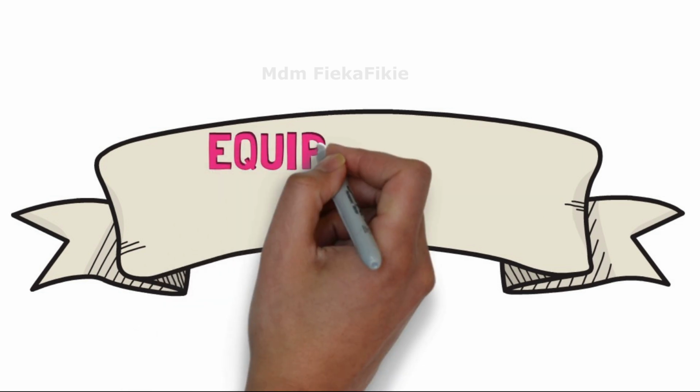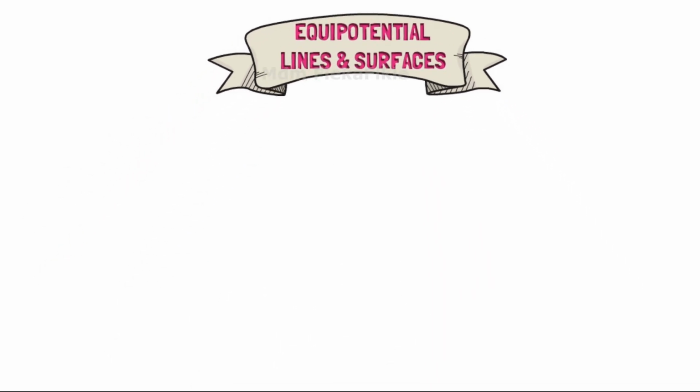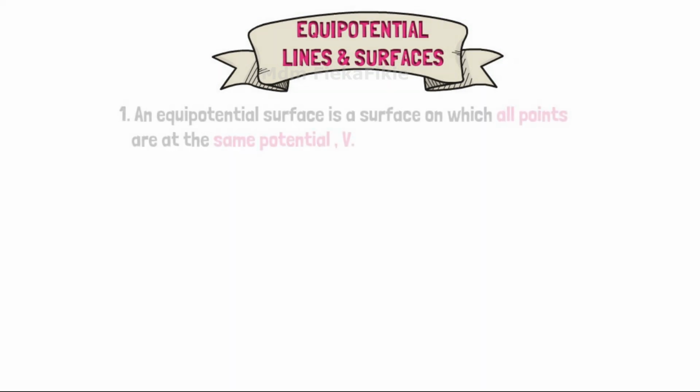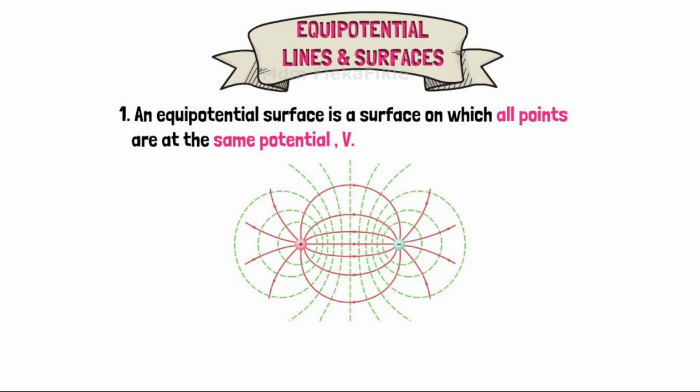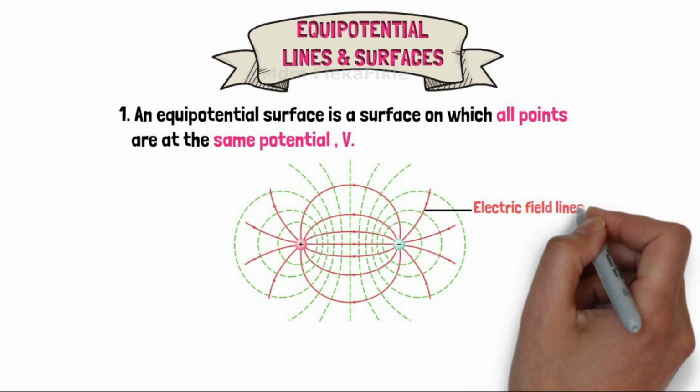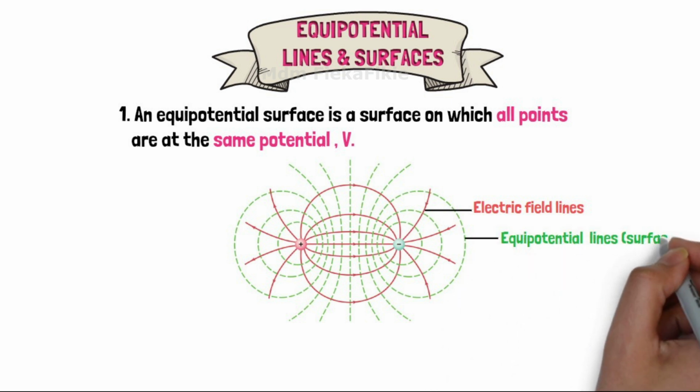Okay, so next let's discuss about equipotential lines and surfaces. Apa maksud equipotential lines and surfaces ni? Alright, so the first point, an equipotential surface is a surface on which all points are at the same potential V. So maknanya when we have an equipotential surface, so at any points on that equipotential surface, nilai potential dia adalah sama.